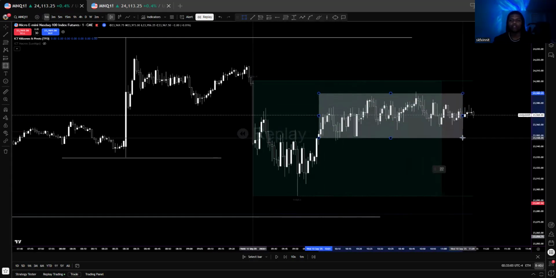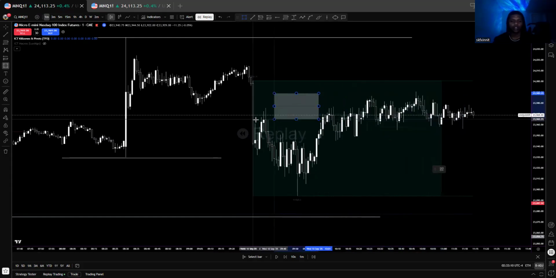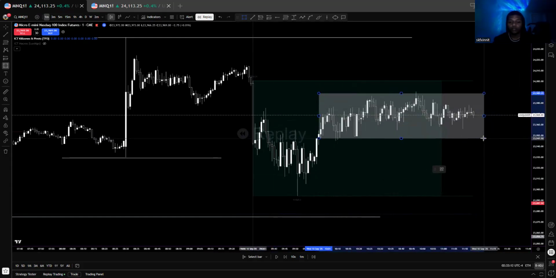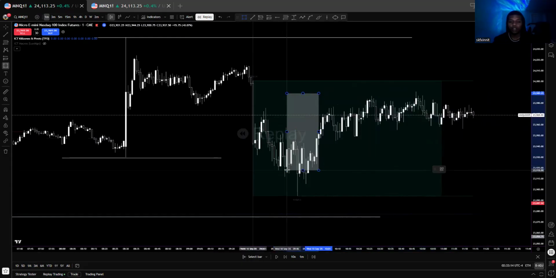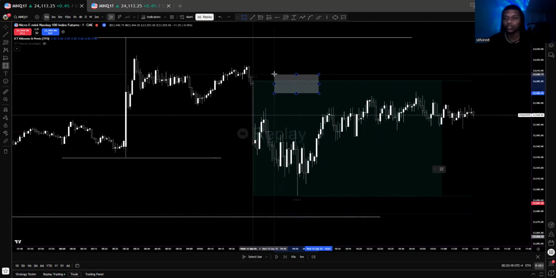Literal bullshit. What is that? What is that? How am I supposed to trade this, bro? This is New York session. How am I supposed to trade that?